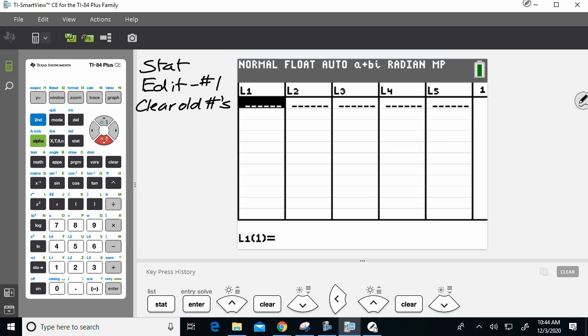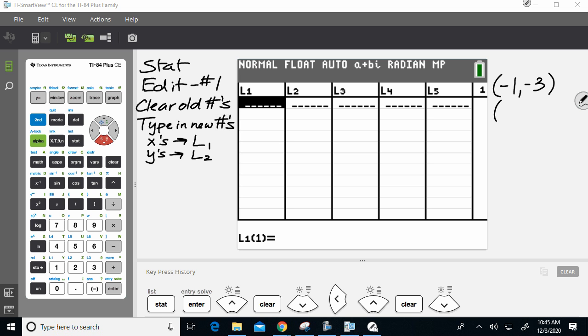Now that we have our columns cleared, type in the new numbers. So the X's go in the L1 column, the Y's go in the L2 column. So the 3 points that we were working with were -1, -3, 0, 4, and 2, 6.